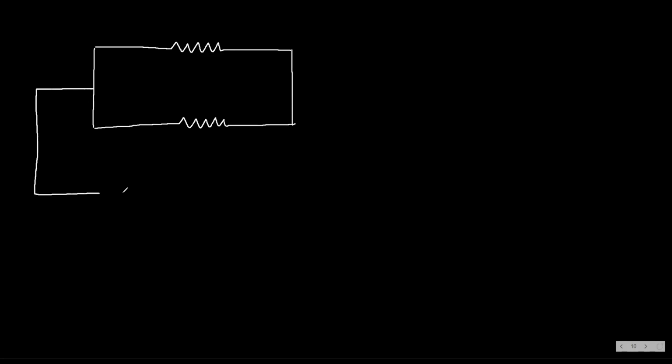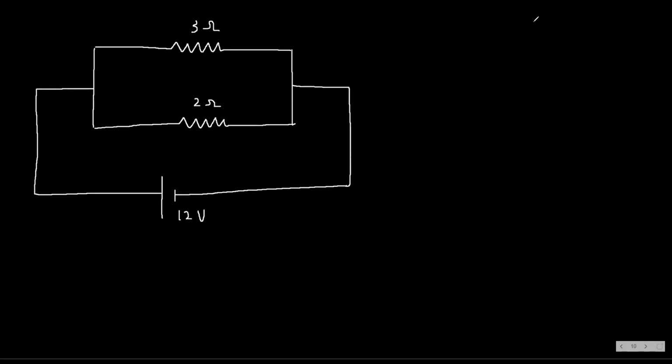They are connected to a 12 volt cell. This one is 3 ohm and this one is 2 ohm, and both resistors are connected to a 12 volt cell.